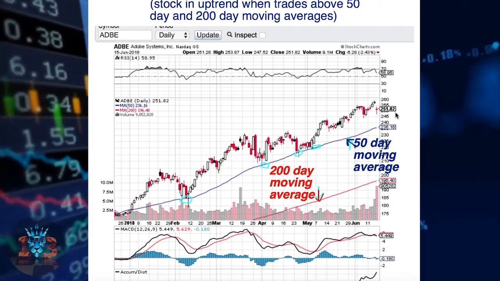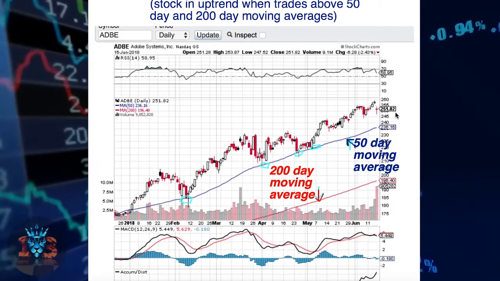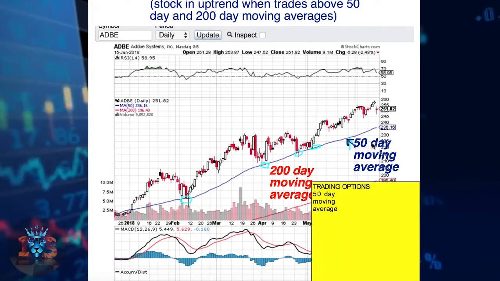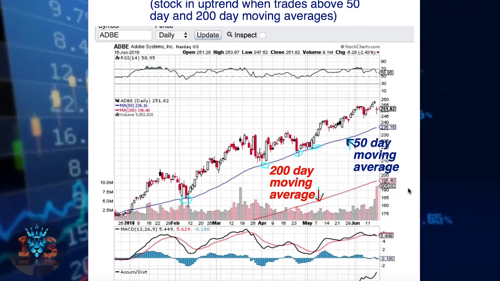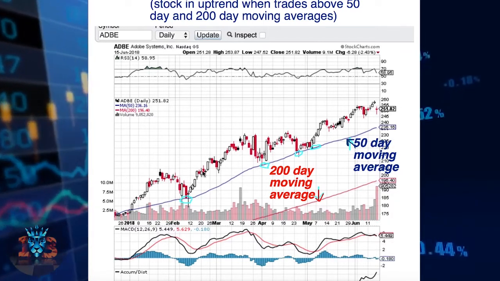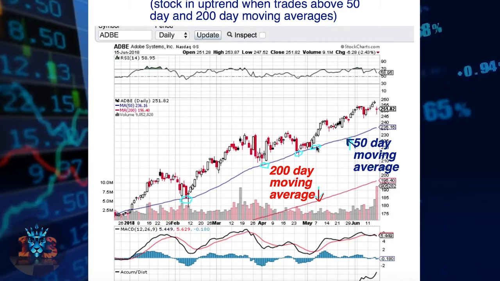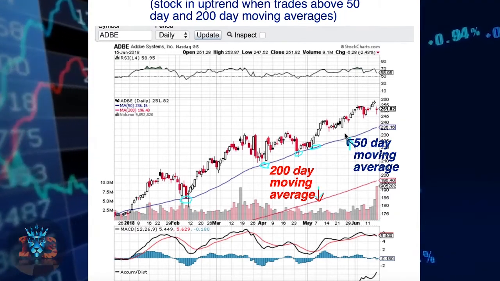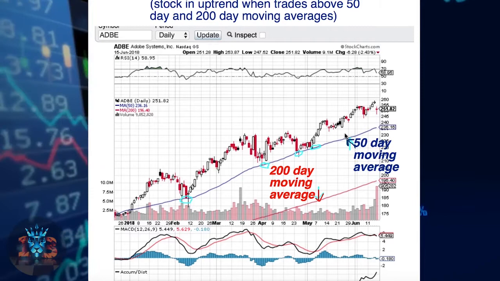What makes this such a solid case of an uptrend is that this line right here is the 50-day moving average. Generally speaking, when the stock price is trading above the 50-day moving average, the stock is considered to be trading in an uptrend.